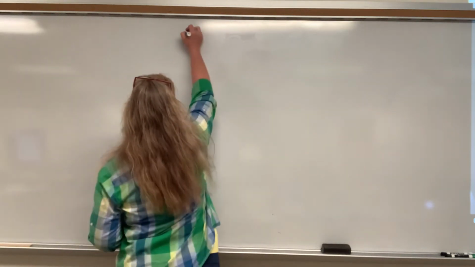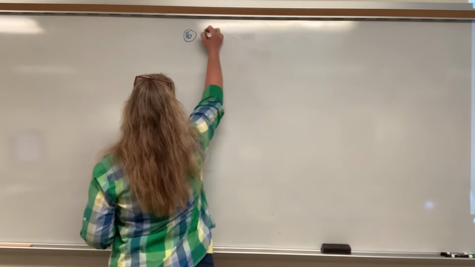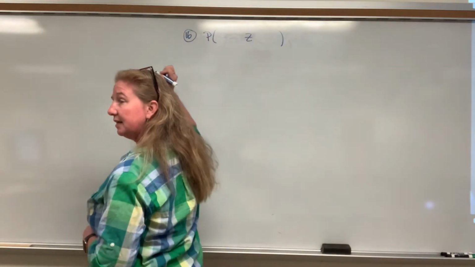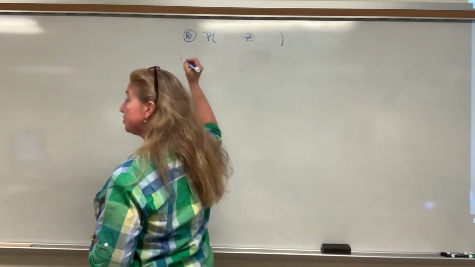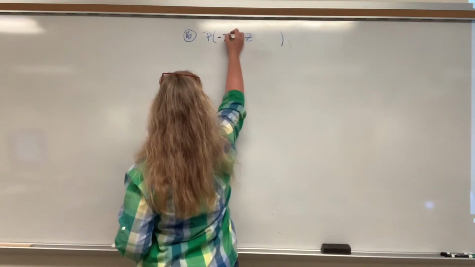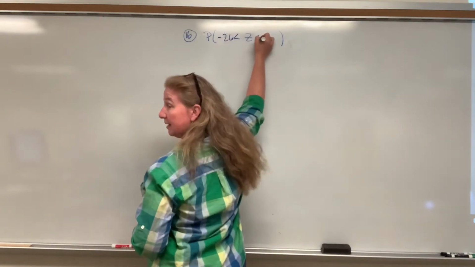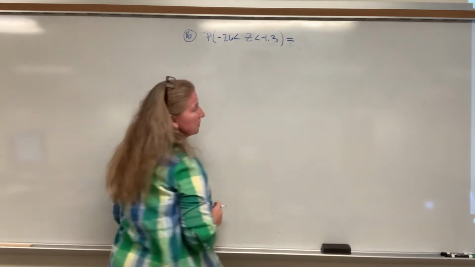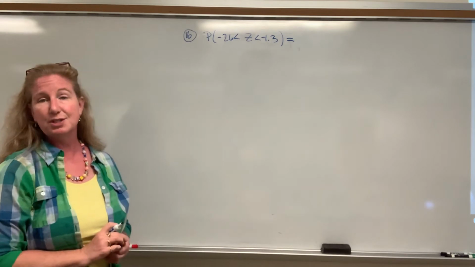Find the area under the standard normal curve over the specified interval. This one is just simply finding the probability. So the probability that z is between negative 2.6 and negative 1.3. This is basically what we did on that worksheet when we started 7.2.